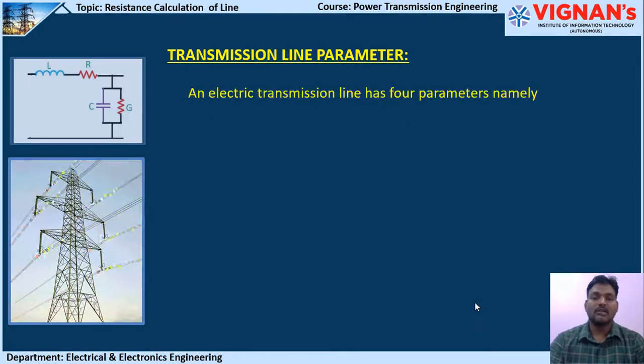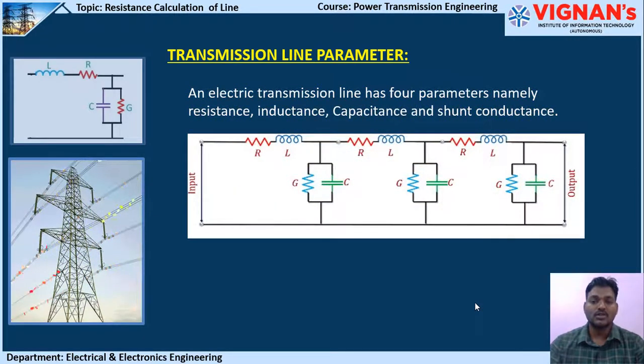So there are four types of transmission line parameters: series inductance, series resistance, shunt conductance and shunt capacitance. Here in this diagram, this is the sending end of the transmission line and this is the receiving end. The series parameters, resistance and inductance, are uniformly distributed throughout the line.